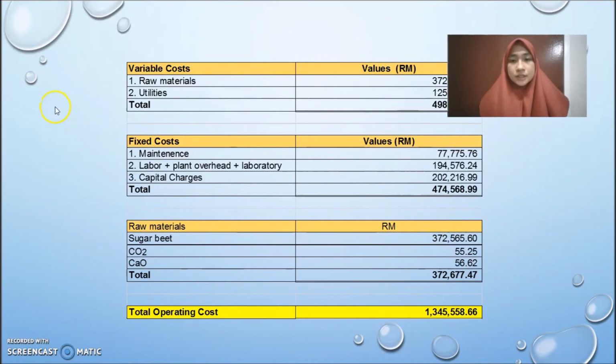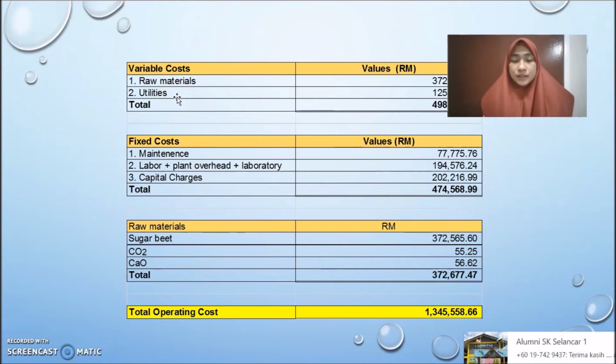Okay, for the raw materials, we have sugar beet, carbon dioxide and also calcium oxide, and the total cost is here. The utilities are based on our electricity use and also the water.